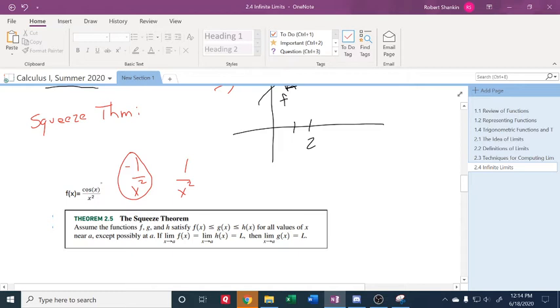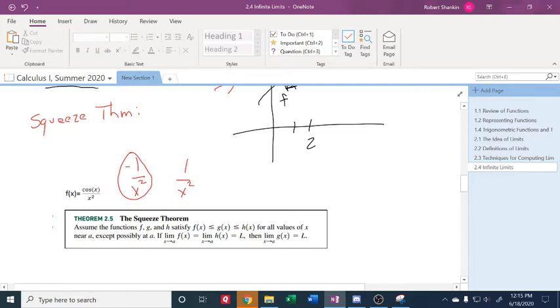Well, the f of x is always bigger than or equal to this one, because this is the worst case scenario where cosine x, the smallest it can ever be, is -1. This is the best case scenario where the largest cosine x can ever be is +1.